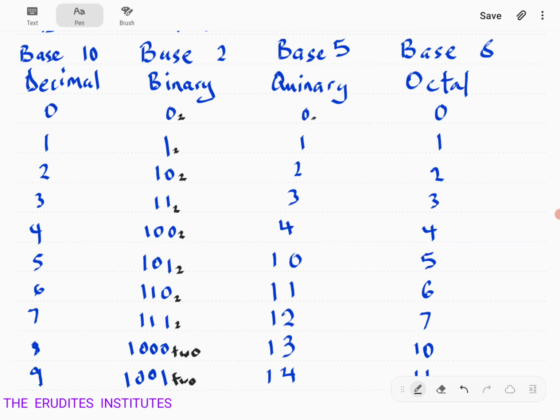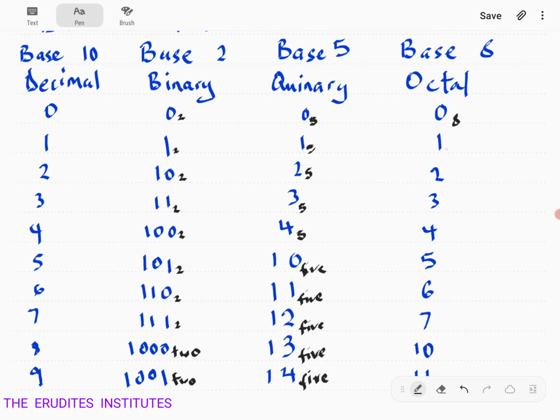So this would be in base 5, with the subscript 5 on each number, or in letters, base 5.